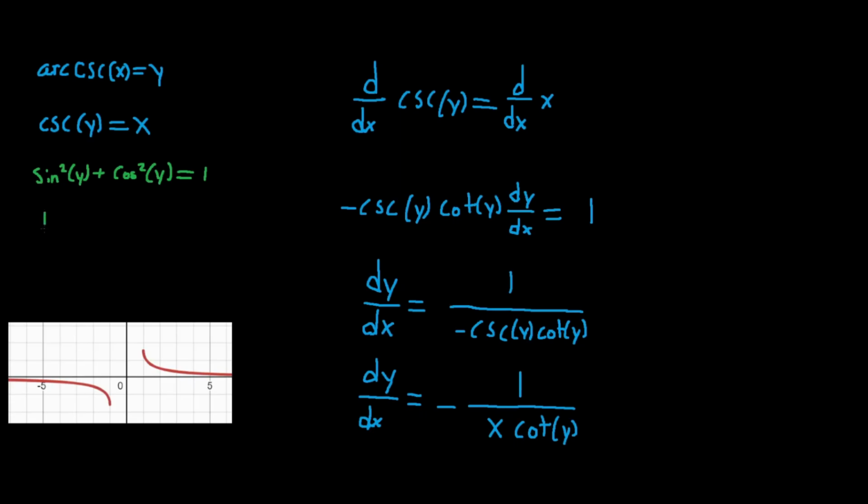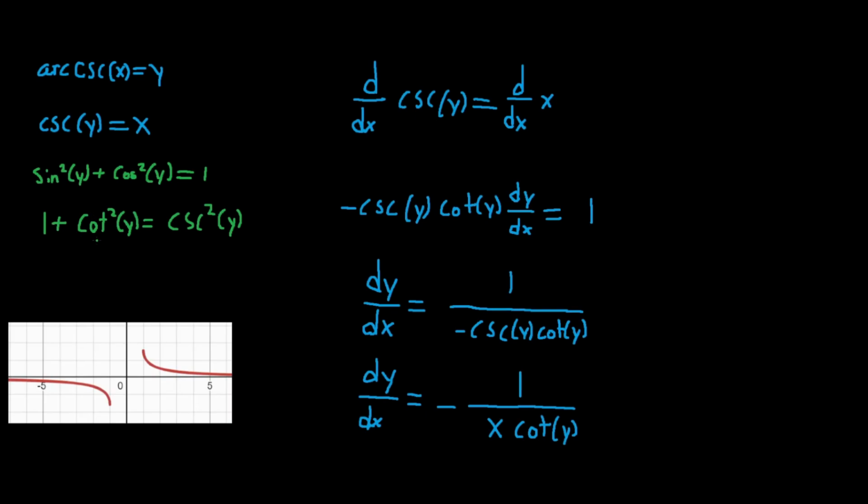What that's going to do is give me 1 plus cotangent squared of y equals, and 1 over sine squared is going to be cosecant squared of y. Okay, so I have 1 plus cotangent squared of y equals cosecant squared of y because I divided everything by sine squared of y.